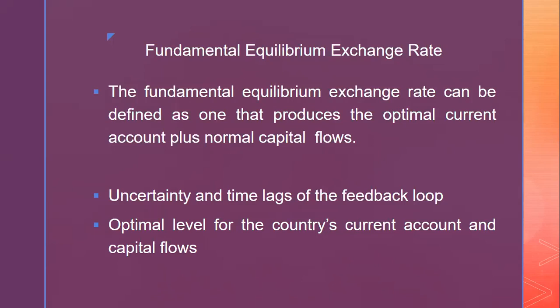But here again, the feedback loop is there, with uncertainty and time lags, and also determining the optimal level for the country's current account and capital flows might be problematic. For one country, the optimal level may vary compared to another country. So defining the optimal level of the country's current account is, again, problematic.